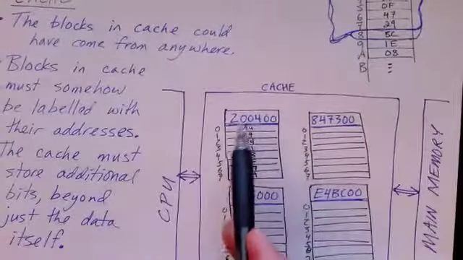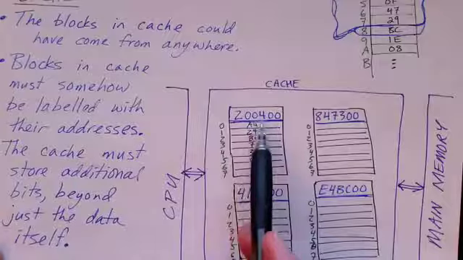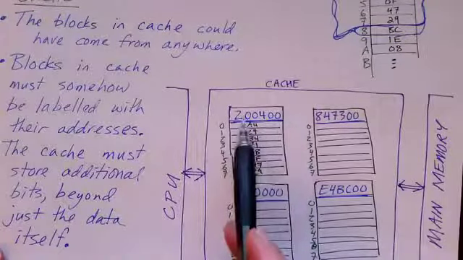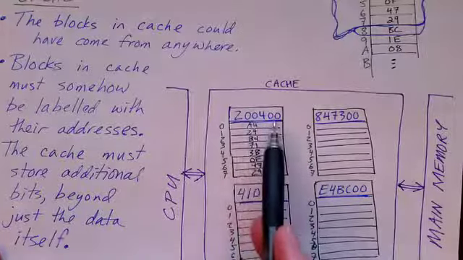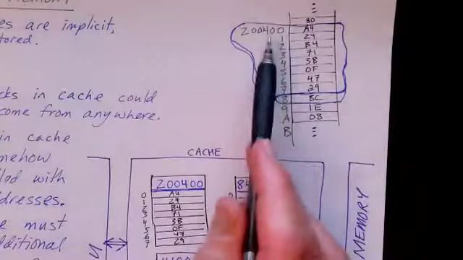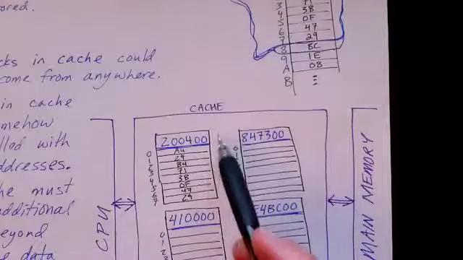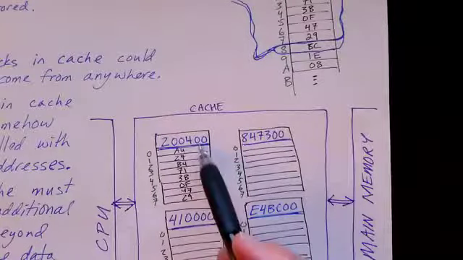We need to associate with each block some additional information to tell where these bytes are coming from. So for the entire block, we need to have the address of where that block begins. Here's a block of data. It comes from this area, and it's the 8 sequential bytes that start with that address.